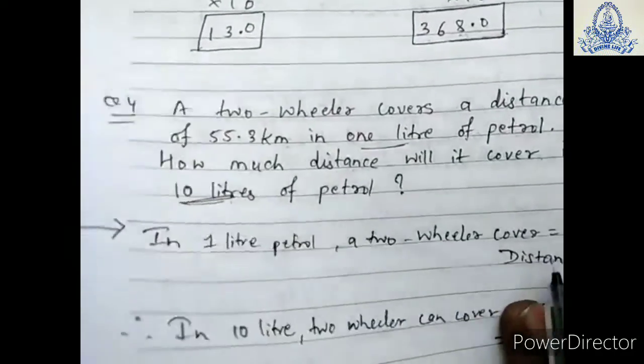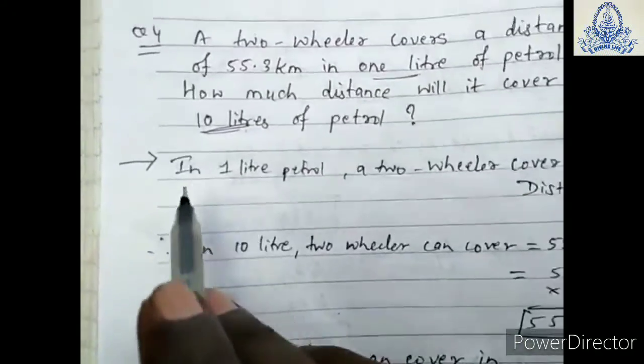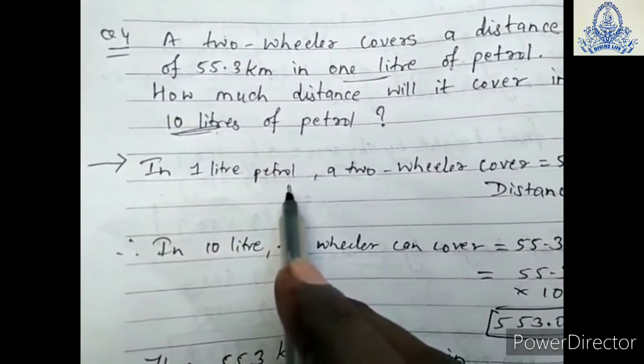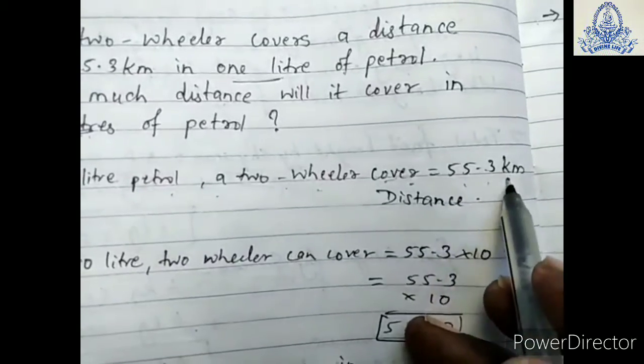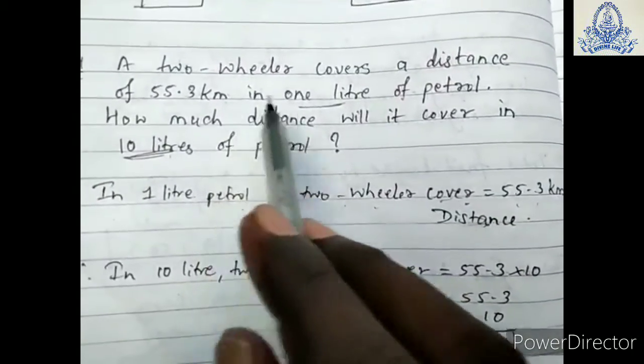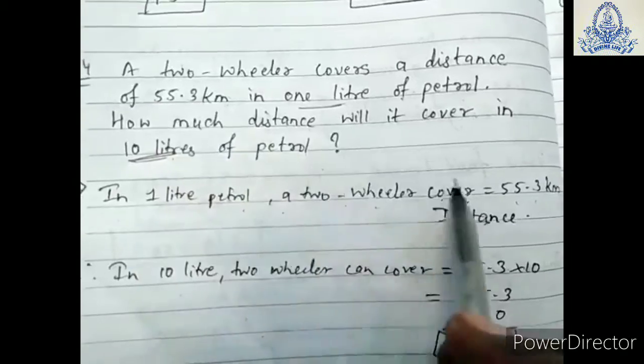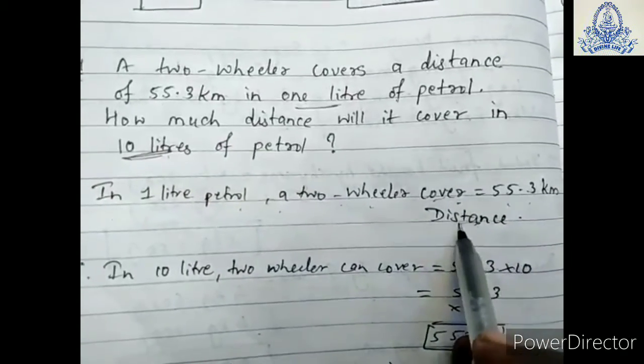So we will move to the solution. Here in 1 liter of petrol, a two-wheeler can cover 55.3 km as given in the question.